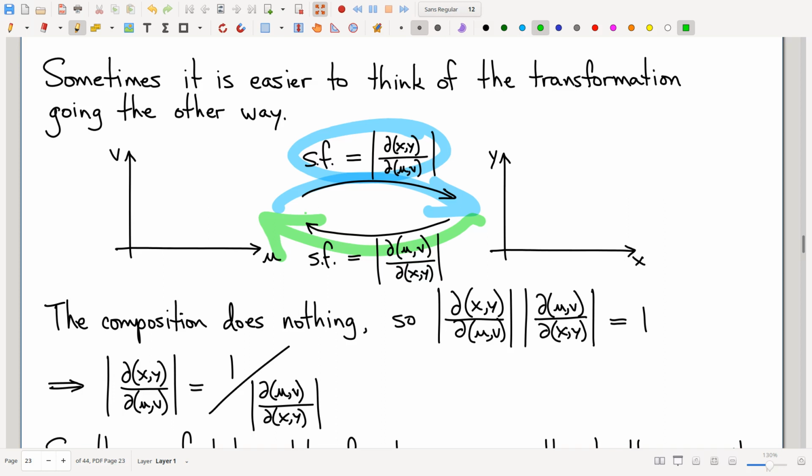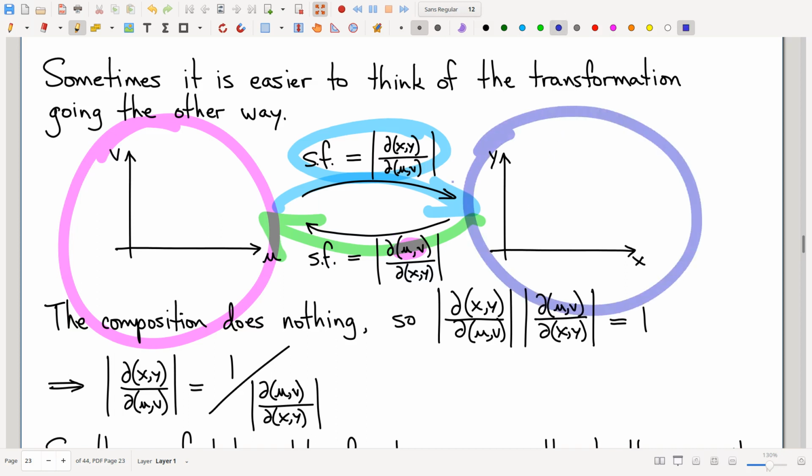The point to this blue stretching factor is that we're taking the partials of our outputs with respect to our inputs. That's the point of that stretching factor. So the same thing applies when we're going the other direction. We're taking partials of our outputs. The outputs of this green arrow are now u and v. And we're taking those partials with respect to the inputs of that green arrow, which are x and y.